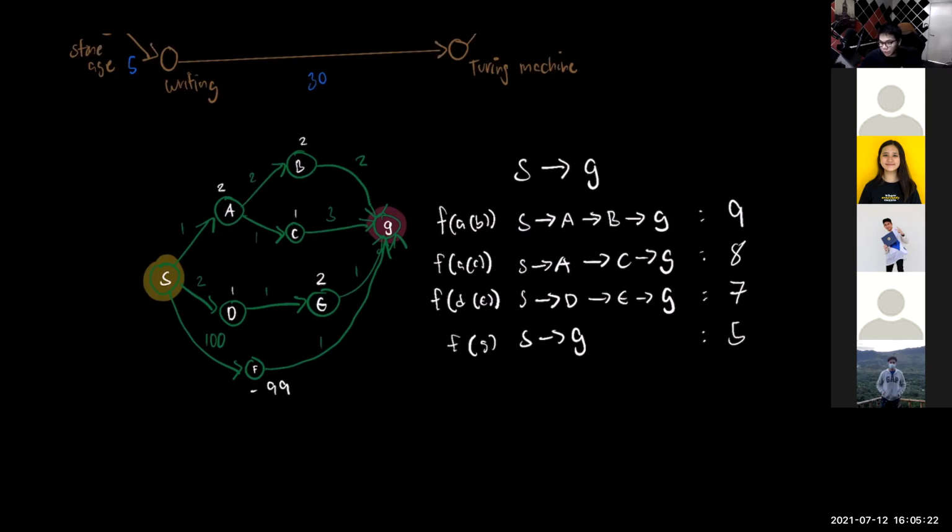So there can be those cases where your node essentially transforms the total cost drastically, and you don't know that yet. If I'm starting out here at S, I don't know that F has a negative 99. I know that 1, 2 are probably better options than something like 100. So I'll probably go with these two, not knowing that this will, in the end, save me much more time.